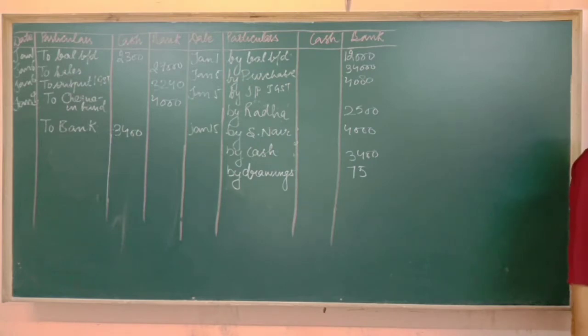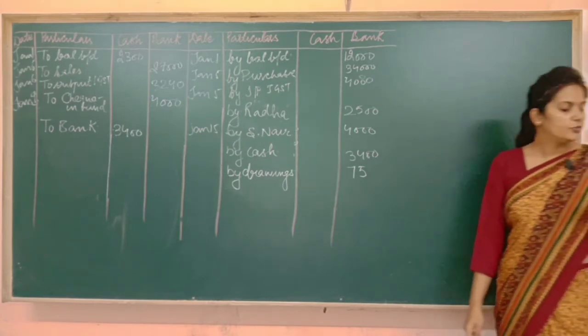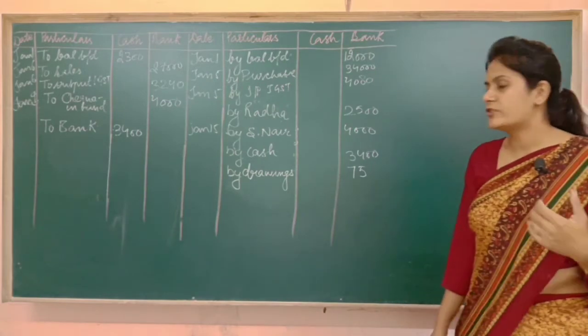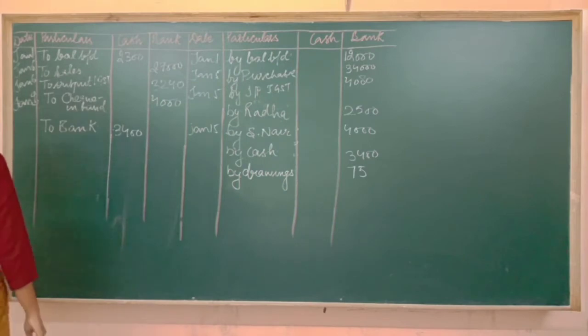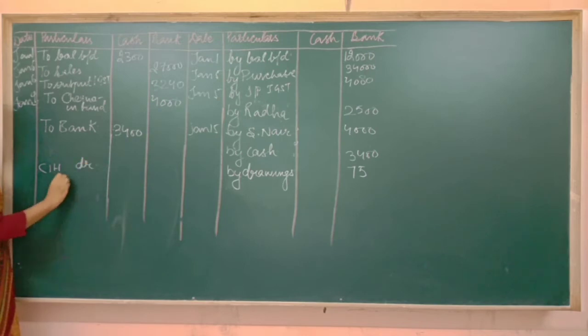Next transaction now. Next is check received from Hira and endorsed it to Sunita on 27th of January, 4500. Now they are saying that on 25th of January you have received a check from Hira. On which date did you receive the check? On 25th of January, and the amount of the check is 4500. On 25th, if I am receiving a check, the entry will be checks in hand to Hira.